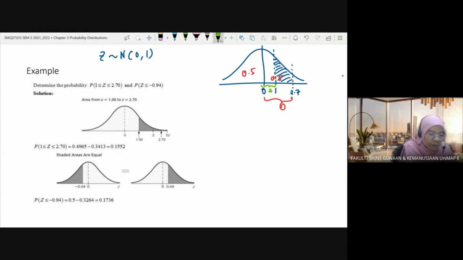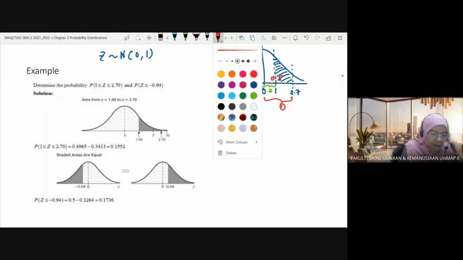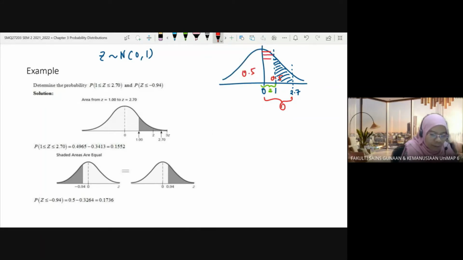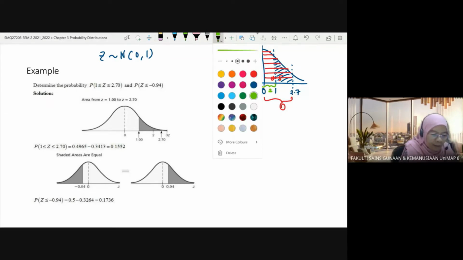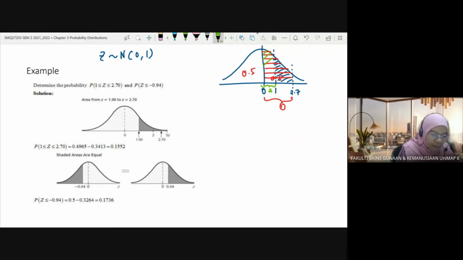Okay, so if let's say I take the red area minus the area of the green one, you are going to get your area shaded in blue. Correct, everyone, class? Do you understand here, class? Anyone who has a problem? I need to hear someone say okay. Is it okay? Okay, Doctor. Okay, if okay, then I will proceed.